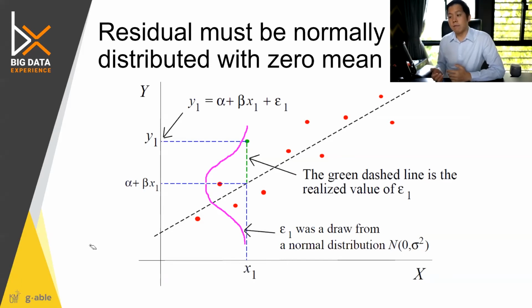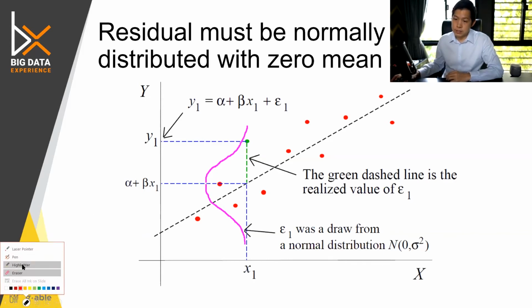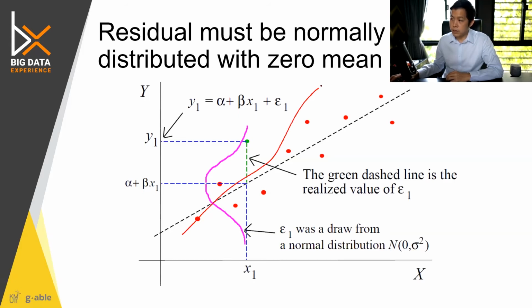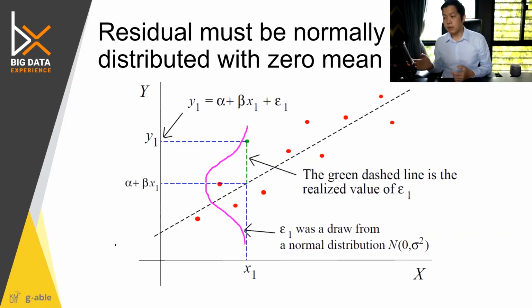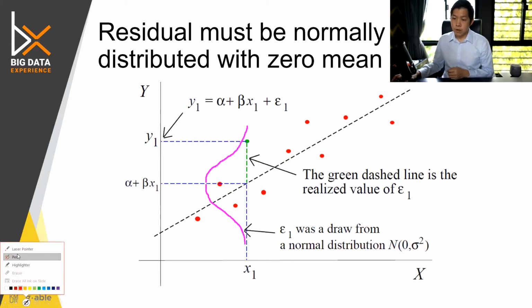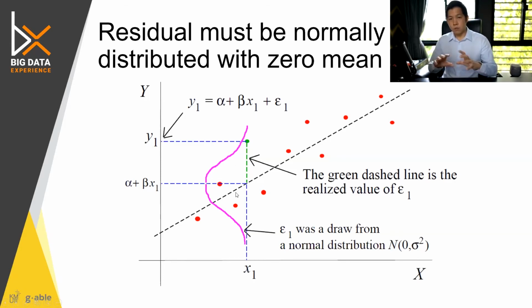Same goes for negative value. If you have negative value, it means that the line kind of goes above the points. Right? Line goes above the point, you would have negative mean. Okay. So all in all, this is why you need to have N(0, sigma square) here, to indicate that when you look at the variation around the line, it varies equally throughout the line.